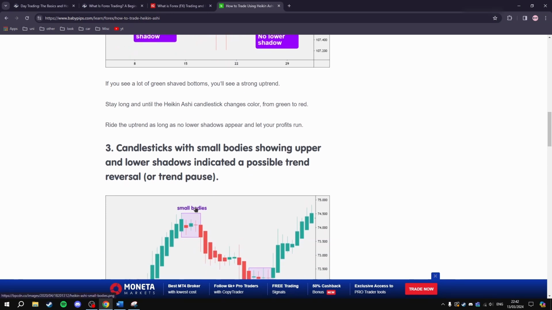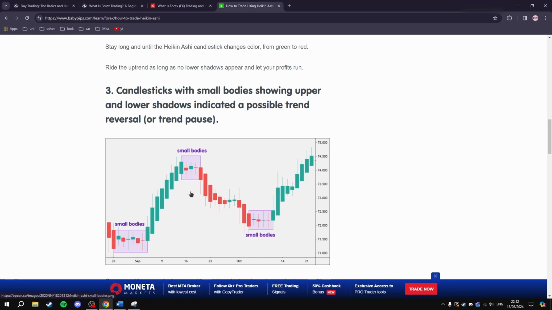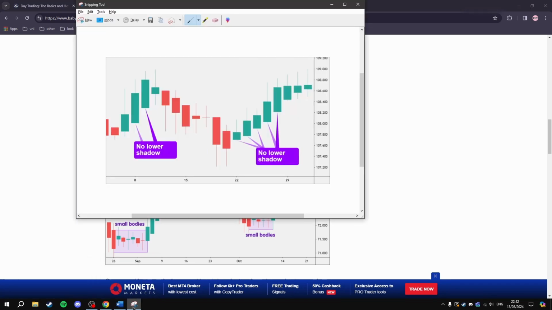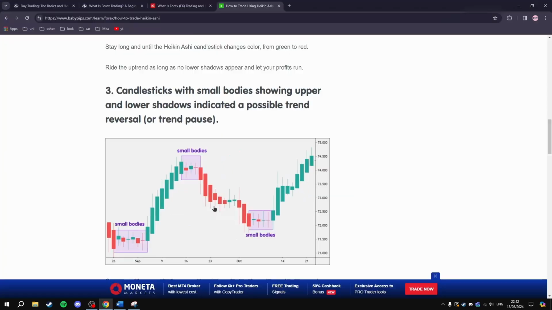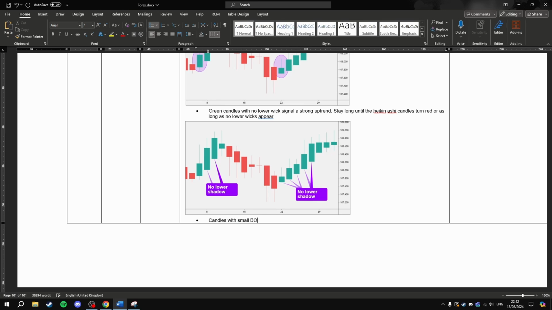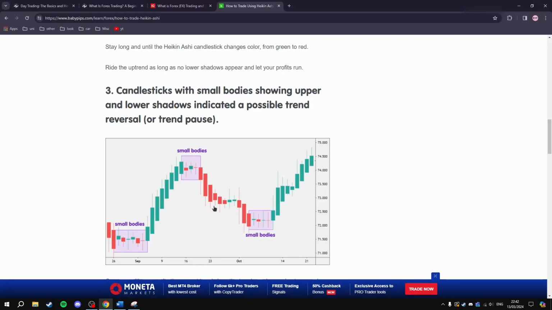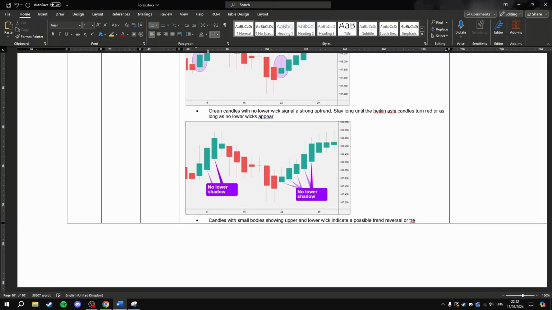Candlesticks with small bodies showing upper and lower shadows indicate a possible trend reversal or trend pause.